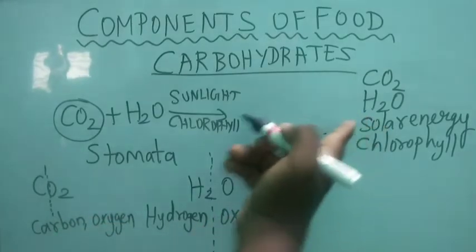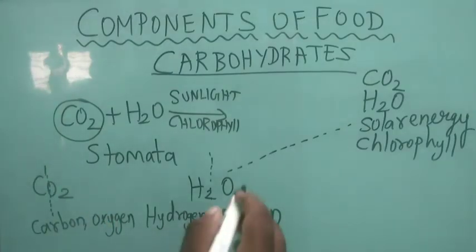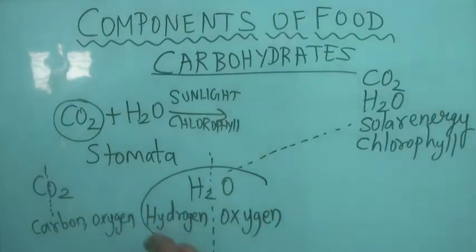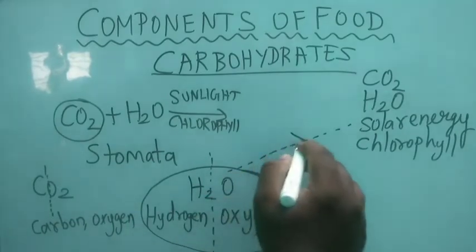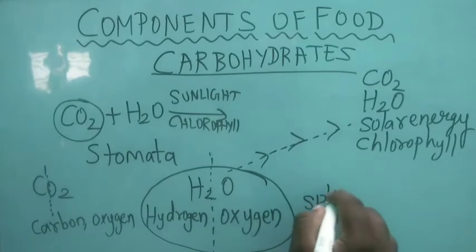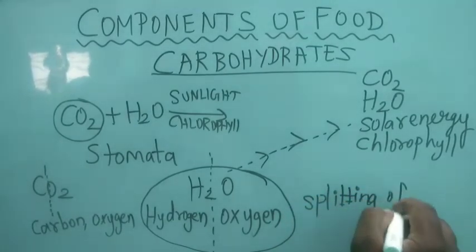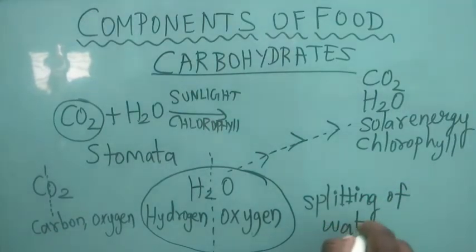So by solar energy, the H2O is broken into hydrogen and oxygen, and the carbon dioxide is also broken into carbon and oxygen. This breaking of water into hydrogen and oxygen by using the solar energy is called splitting of water.